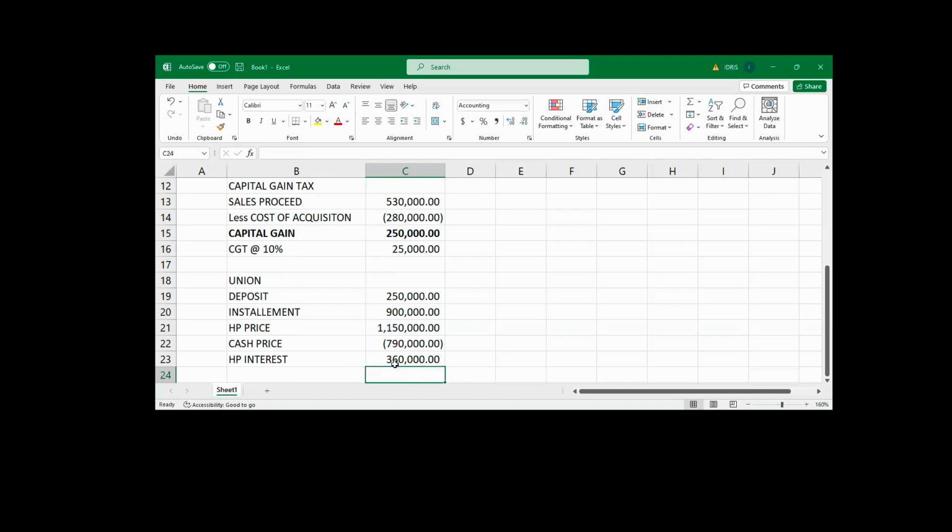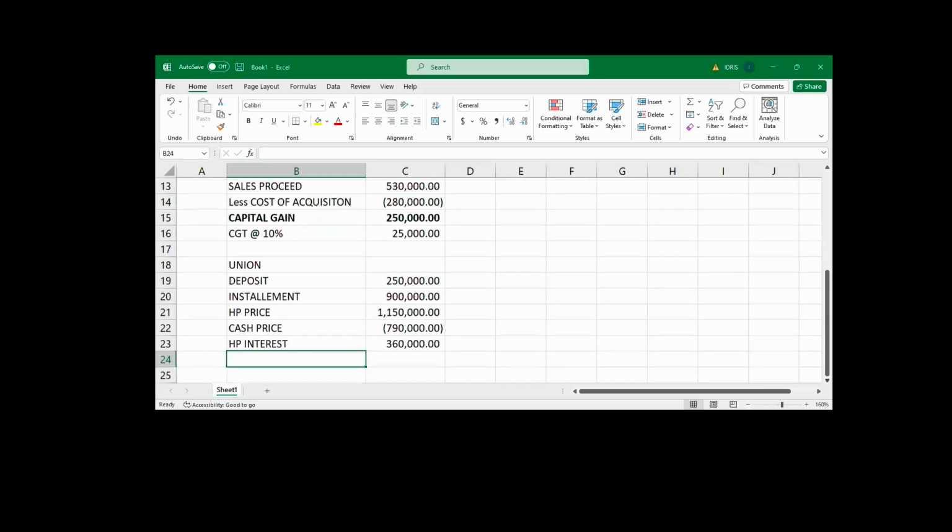This 360,000, how much is the interest per installment? How many installments is he paying for? He's supposed to pay for 36 installments.